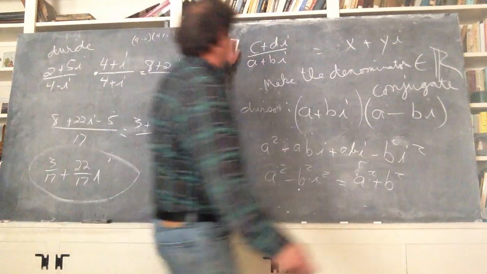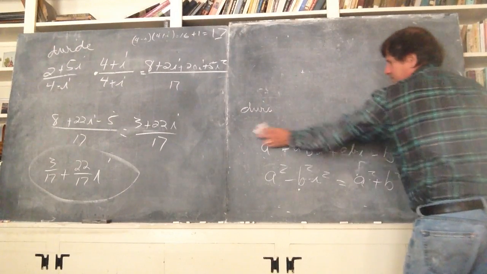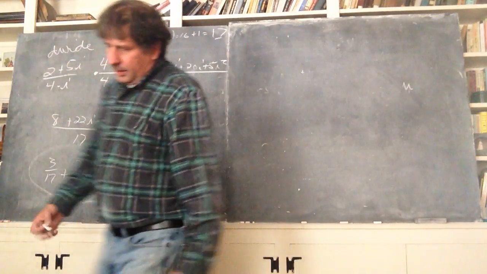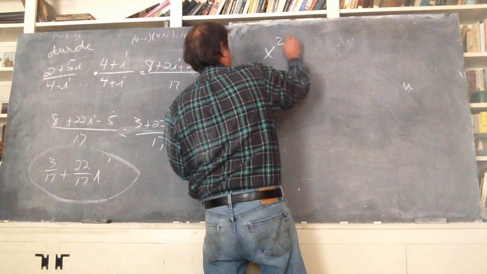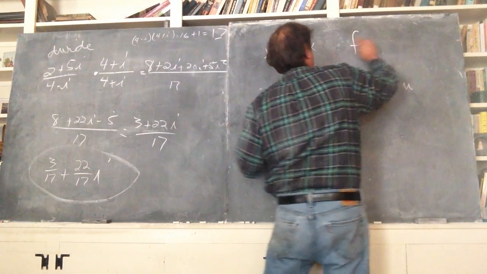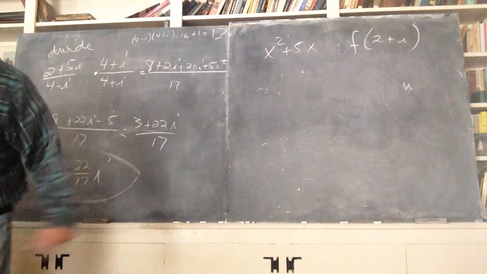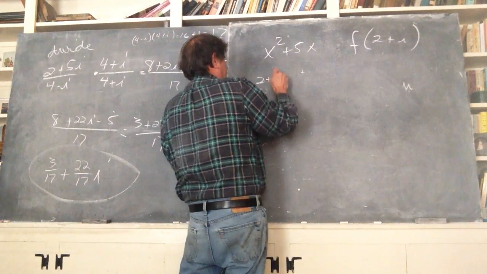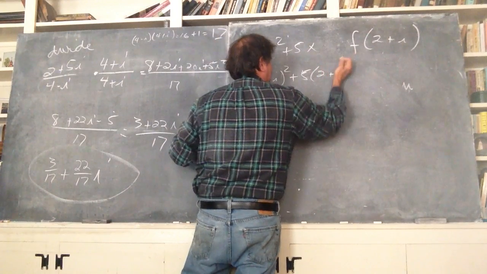One last thing. I don't think I'm asking you to do this, but in the book there's a Triad Problem that we're going to do in a little bit. It's x squared plus 5x. If you understand what we're doing, all I'm doing is 2 plus i squared plus 5 times 2 plus i.